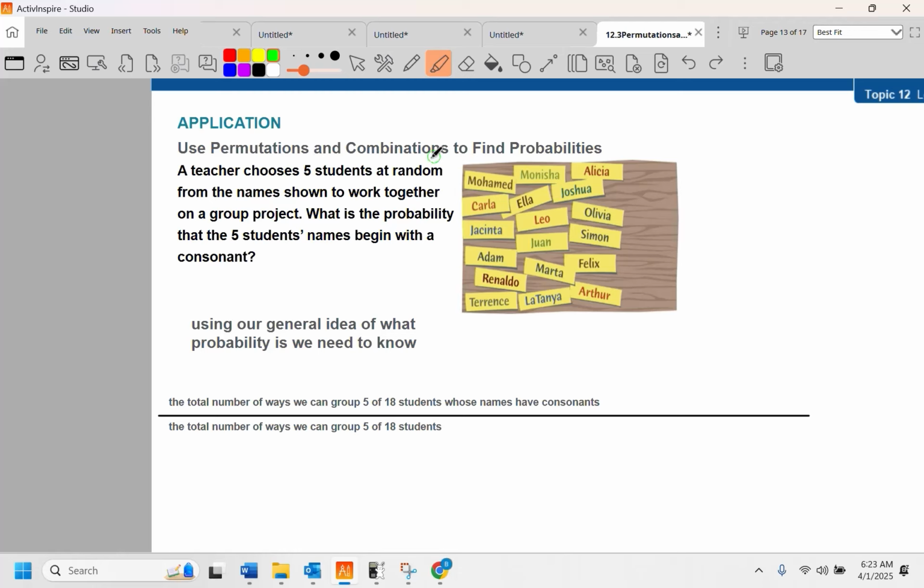What do we have here? Use permutations and combinations to find probabilities. Okay, so the teacher chooses 5 students at random from the names shown to work together on a group project. What is the probability that the 5 students' names begin with a consonant? So a consonant is anything that's not a vowel, right?